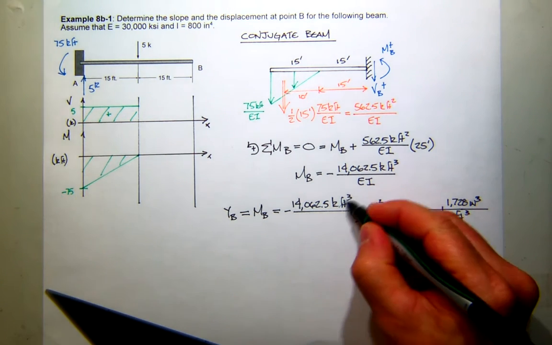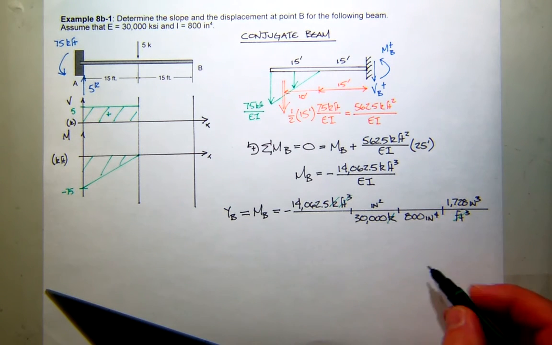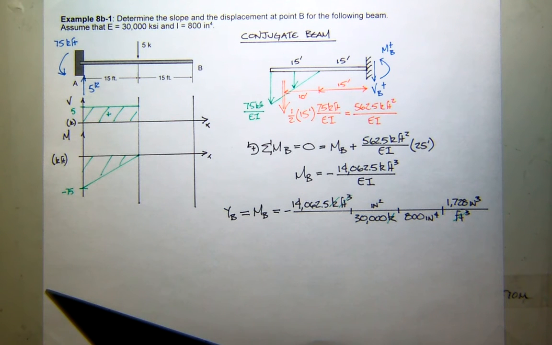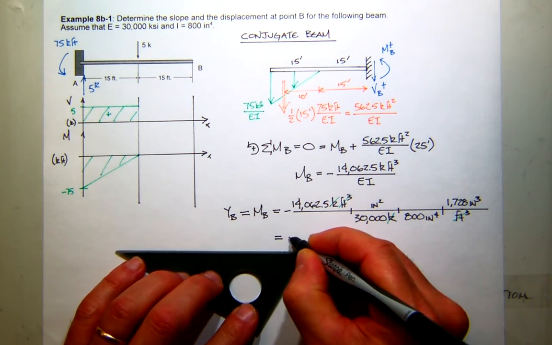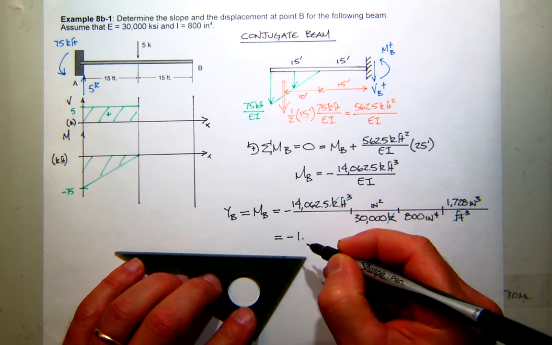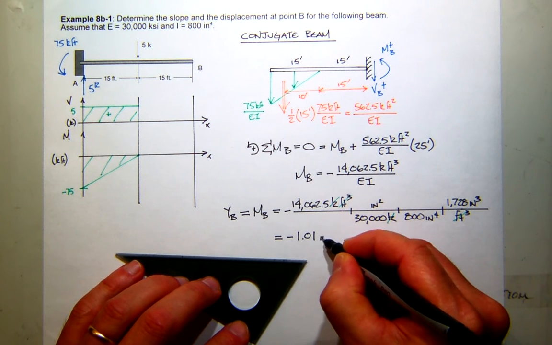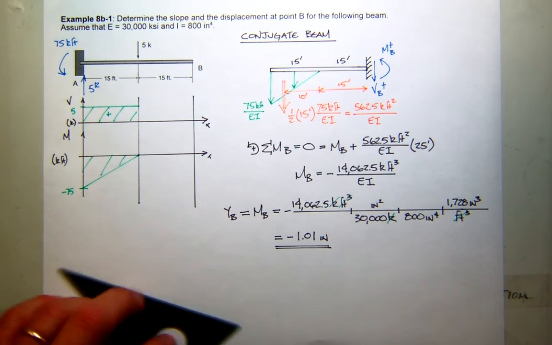So you can see that my cubic feet cancel, my kips cancel. I have inches to the fifth divided by inches to the fourth, which is just inches. So what's that equal to? 1.01. That's close enough. Everybody else get that? So basically about 1 inch down.